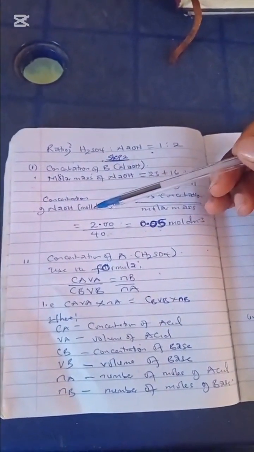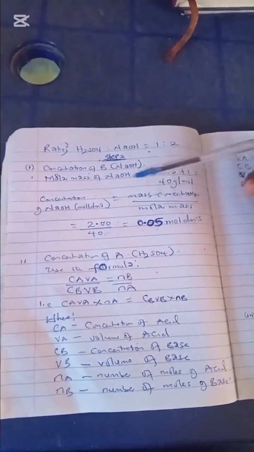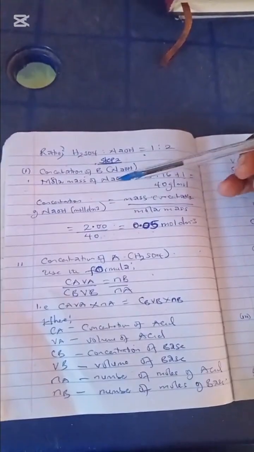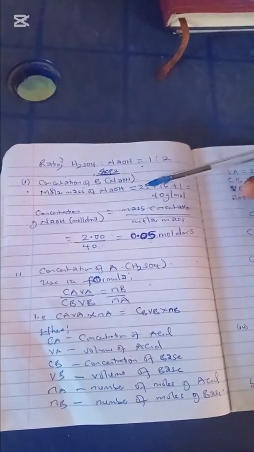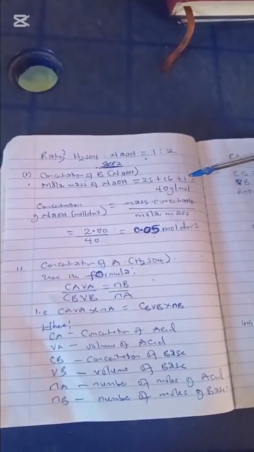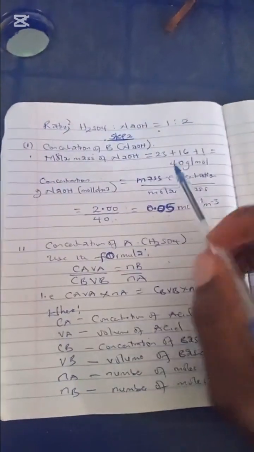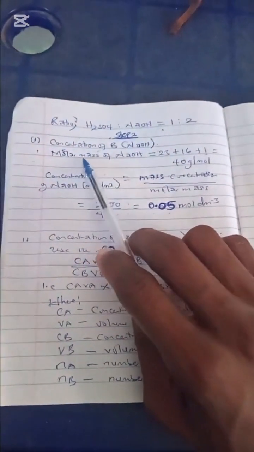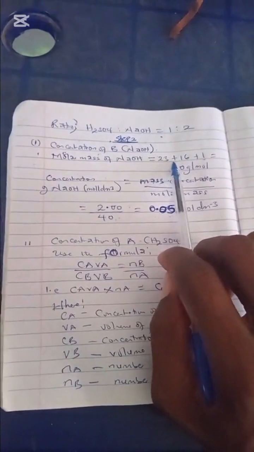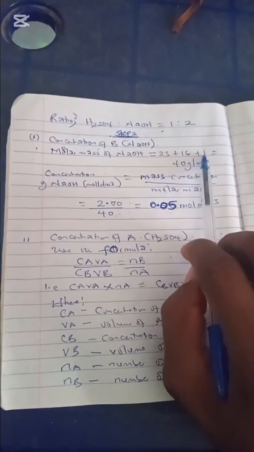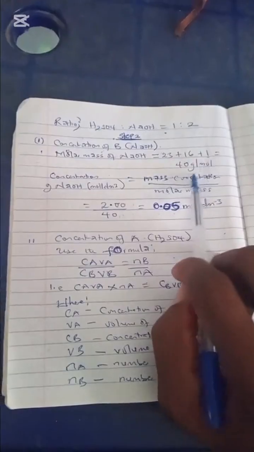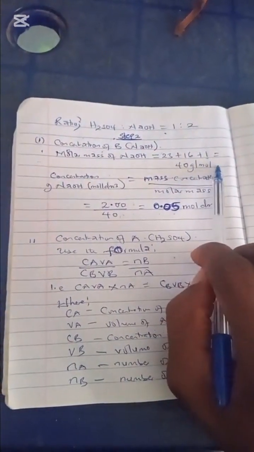So the molar mass of sodium hydroxide: sodium is 23, plus 16 for oxygen, and 1 for hydrogen. So you have 40 grams per mole as molar mass.